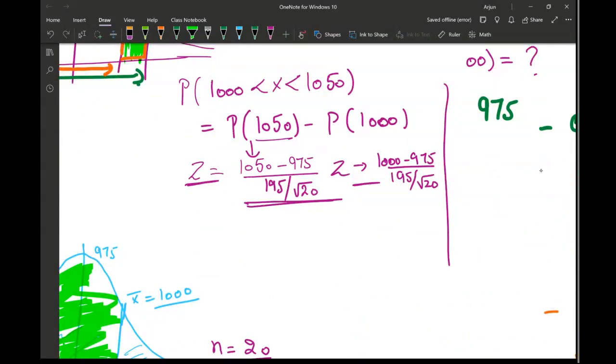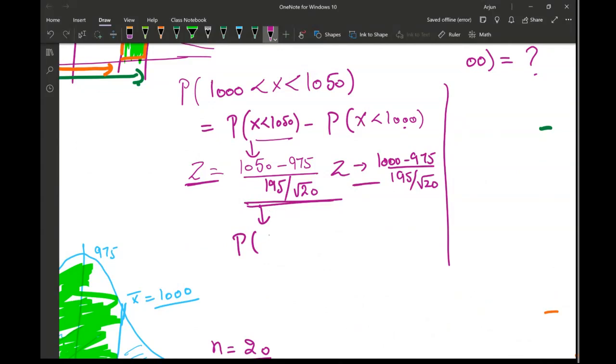Okay, so what you're going to do now is find the probability corresponding to this, which is 1050. Here I should have written x less than 1050, and here I should have written x less than 1000.